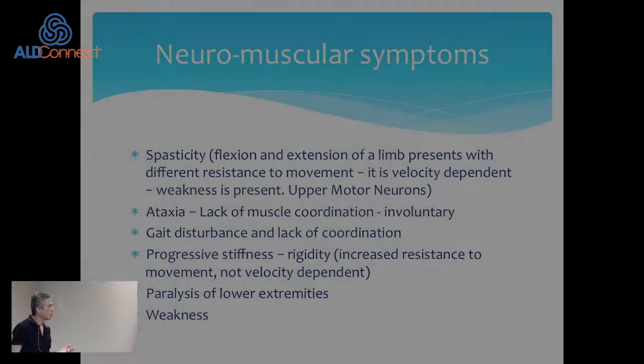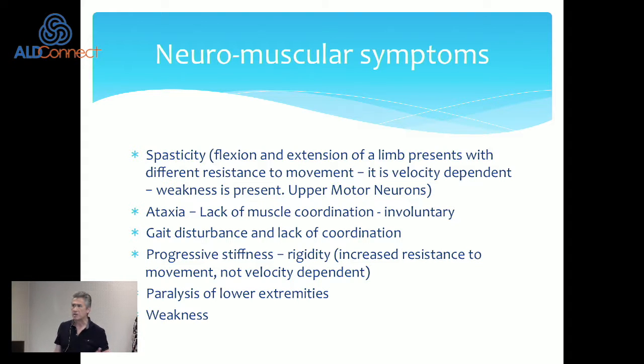Okay, so when we do an evaluation, one of the things that we're looking for is taking in consideration if the patient has any spasticity, which is velocity dependent on a particular patient. So we are going to take a look to see if the patient has weakness and if there is ataxia present as well.